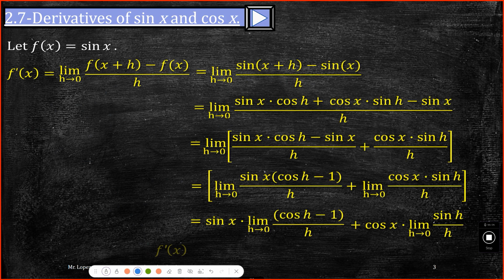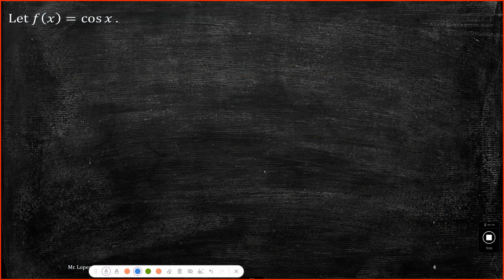So the derivative of sine x is cosine x. I took about 15 minutes to tell you and prove it that the derivative of sine is cosine. I don't think you want to go through all this with every single one of them. So I'll leave it to you to take a look at it.